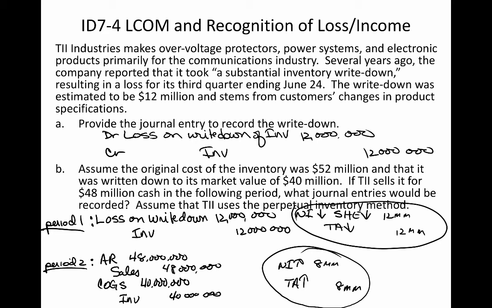But in the subsequent year, we were able to sell this inventory we had written down to $40 million for $48 million.